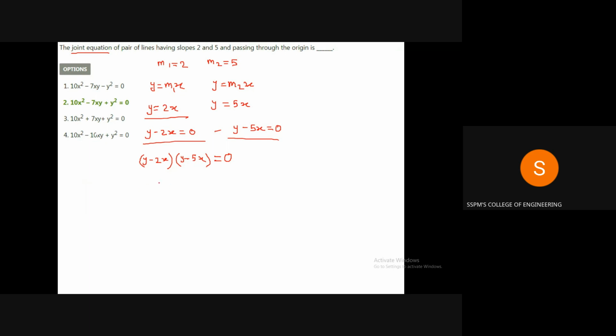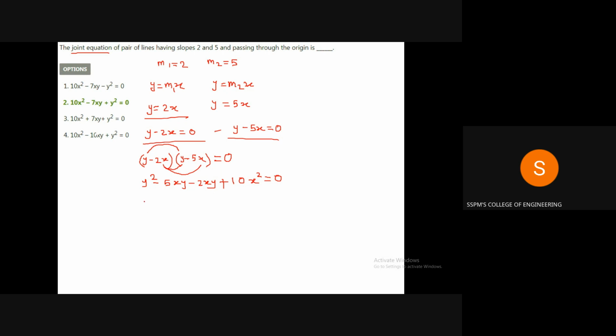So what is their multiplication? First y into y, it is y square, then y into minus 5x, it is minus 5xy. Again minus 2x into y, it is minus 2xy, and minus 2x into minus 5x, it is minus minus, it's plus, and 2x into 5x, it is 10x square, is equal to 0.